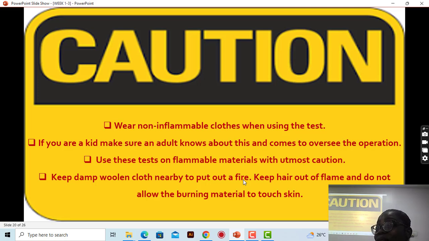So when we burn our cotton fabrics and after we have recorded everything, we need to put out the fire, right? But the fabric is still burning, so we just put the damp cloth over it, and the fire will quench like that. Also keep hair out of the flame and do not allow the burning material to touch your skin. That one, yeah, we all know.